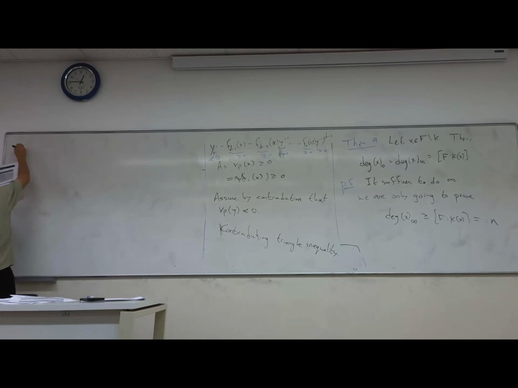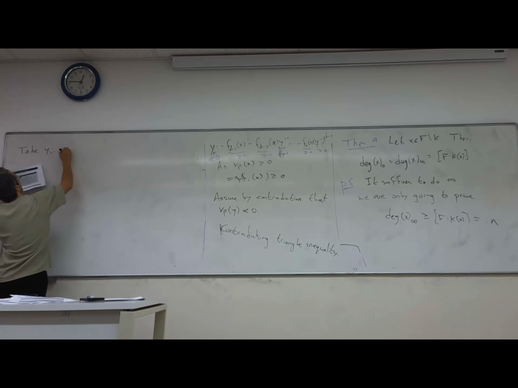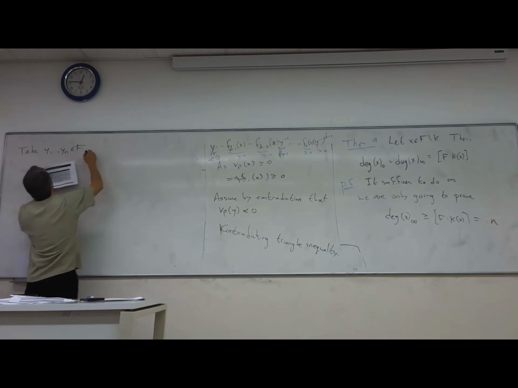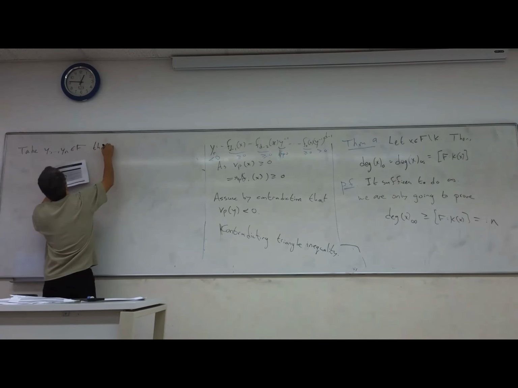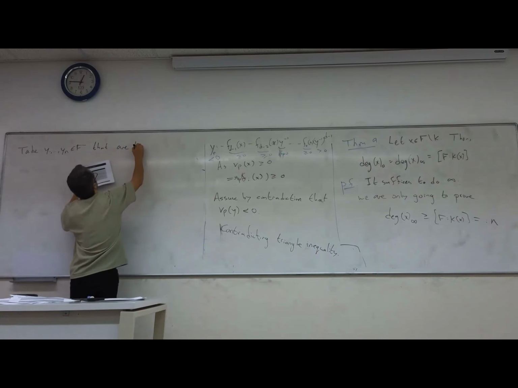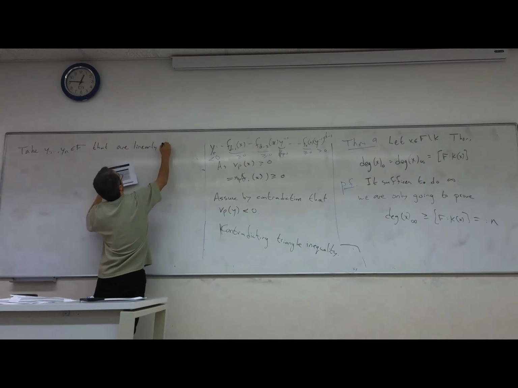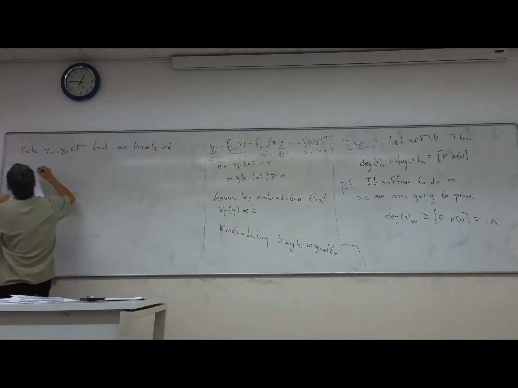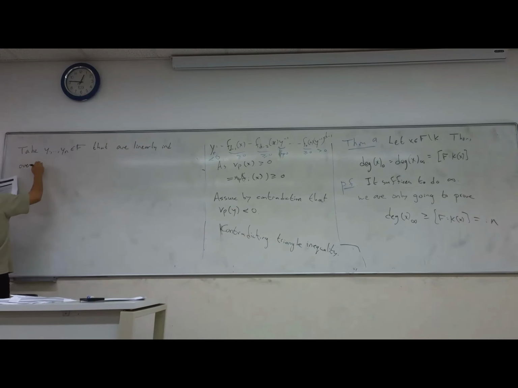So what we are going to do is take y1 up to yn in F that are linearly independent over k(x). Right, you can do that. You just take a basis or something. You can do that because that was n, the degree extension.